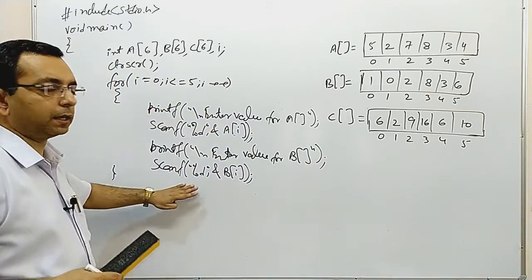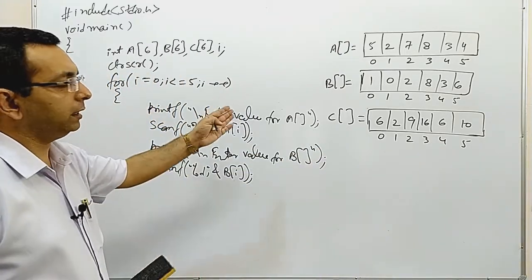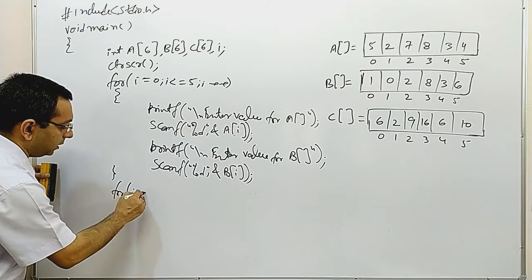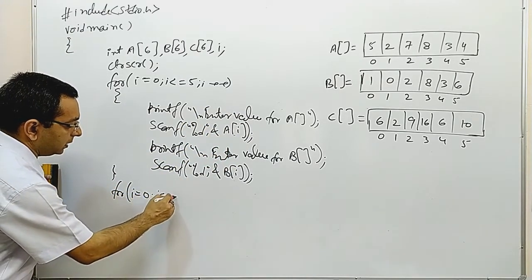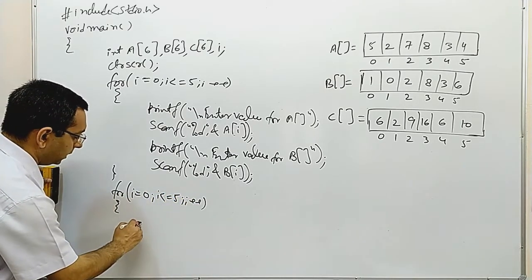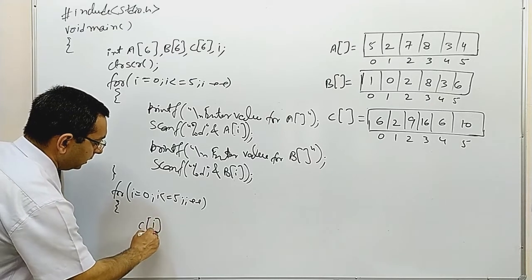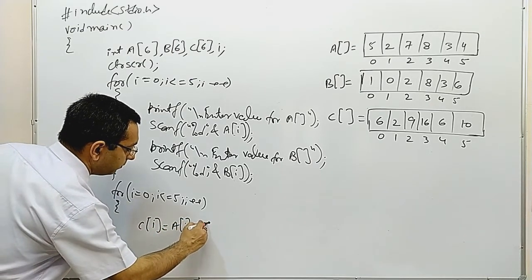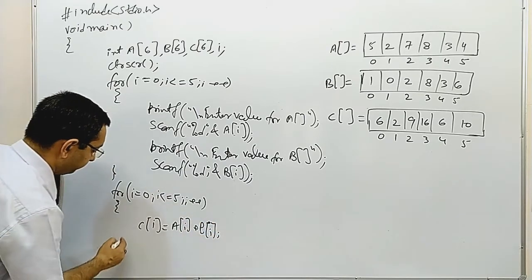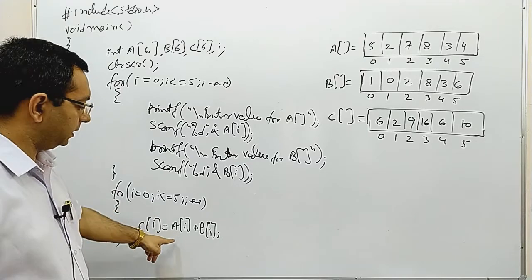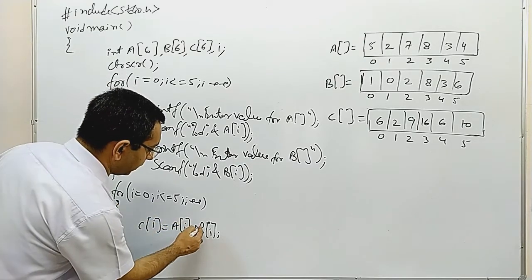Now we are taking another loop for adding A and B and storing into C. So for I equal to 0, I less than or equal to 5, I plus plus, C[I] equals A[I] plus B[I]. So it will add A[I] and B[I].